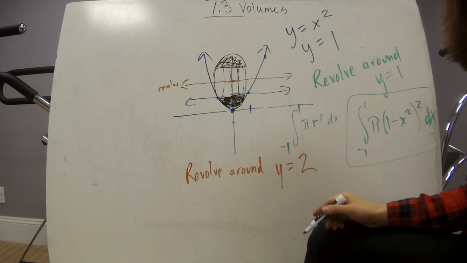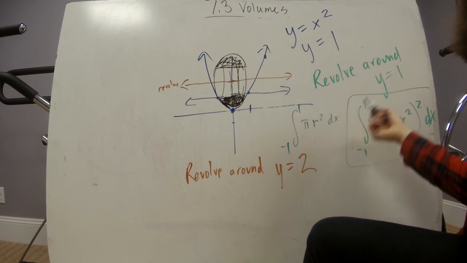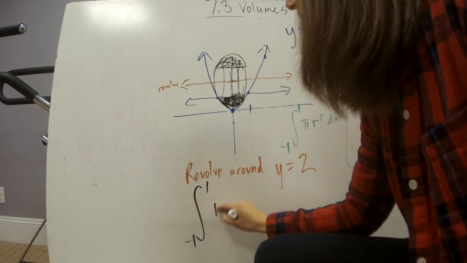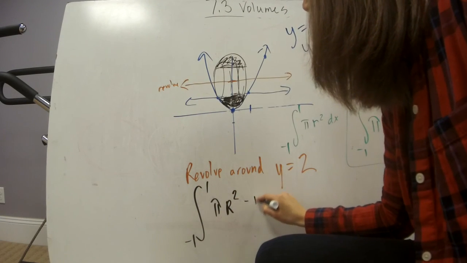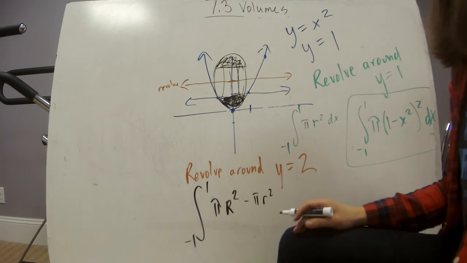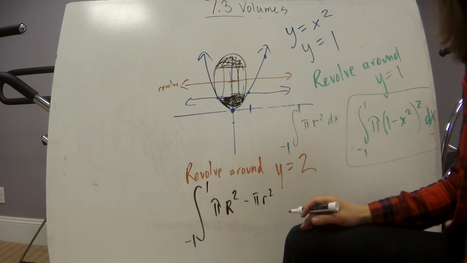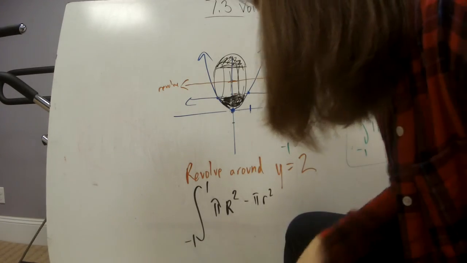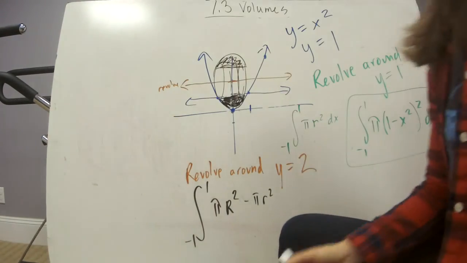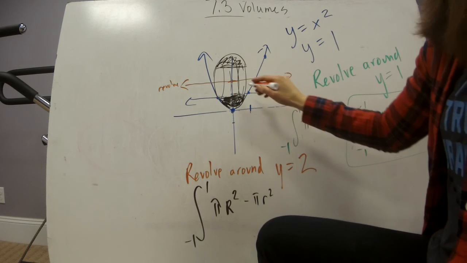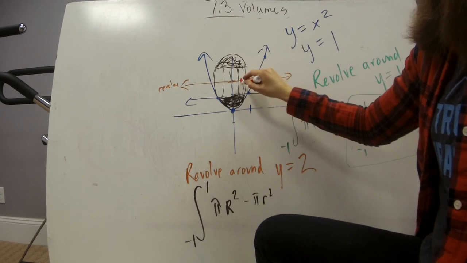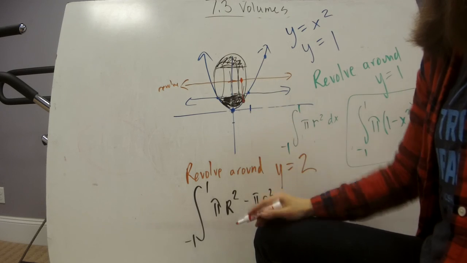So if it's going to look like a ring, what are we going to use? We're going to use pi r squared minus pi r squared. So our bounds are still going to be from -1 to 1, and it's going to be pi r squared minus pi r squared. The main question is, what in the world are the radiuses, right? So let's use some different colors here. The big radius is going to be from here to here, right?